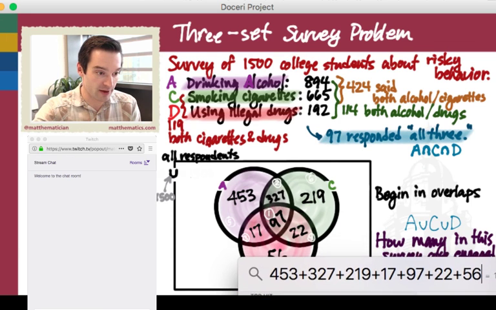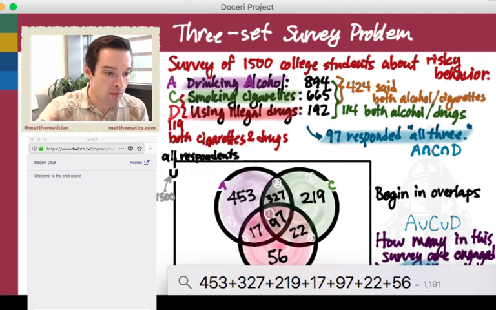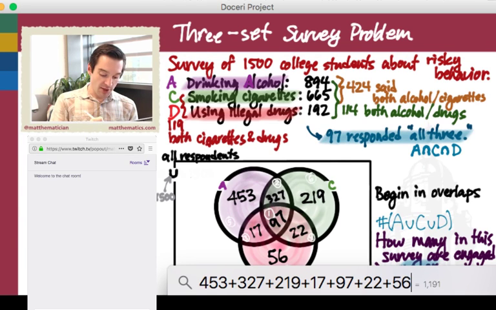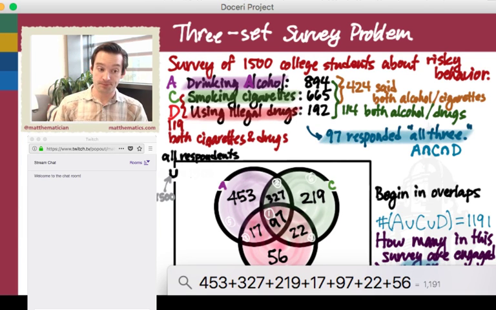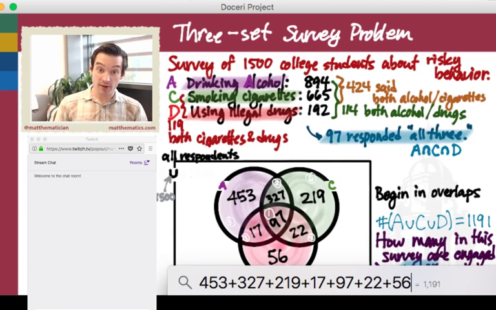I'm running off the screen a little bit here, but hopefully you can see that down there at the bottom. 1,191. So that's the cardinal number of this union. That's how many students in this survey were engaged in one or more of these risky behaviors. And again, we could only figure that out because our process of labeling these regions ensured that no respondent to this survey will appear in more than one region of the Venn diagram.